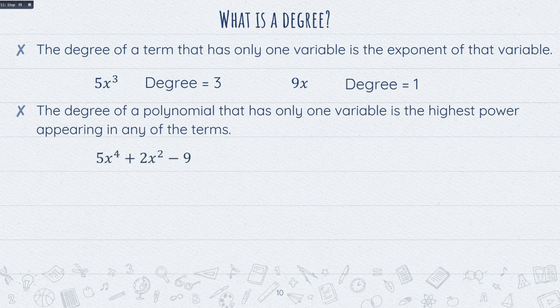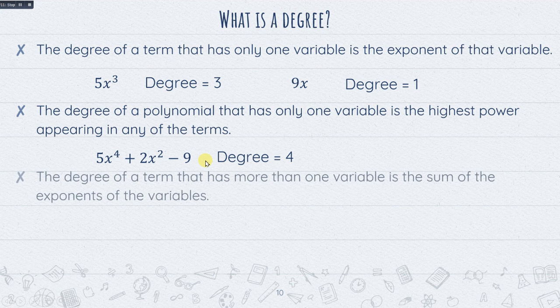In this case, we have variable which is x, and it has 3 terms, 5x to the 4th power plus 2x squared minus 9. So we will just look for the highest power or the highest exponent between these 3 terms, which is 4. So this will be degree of 4.